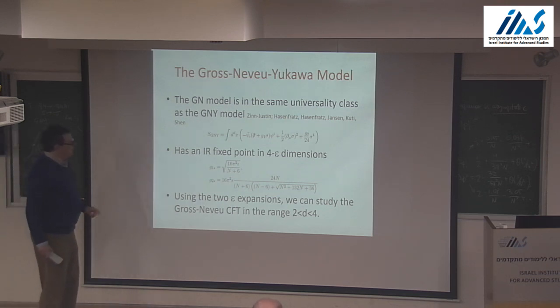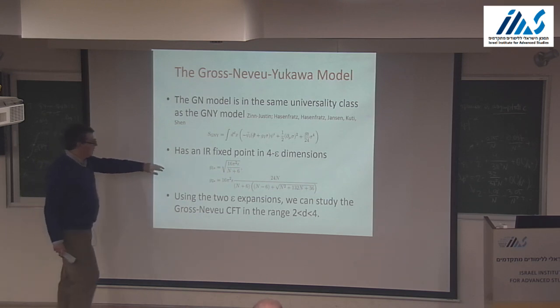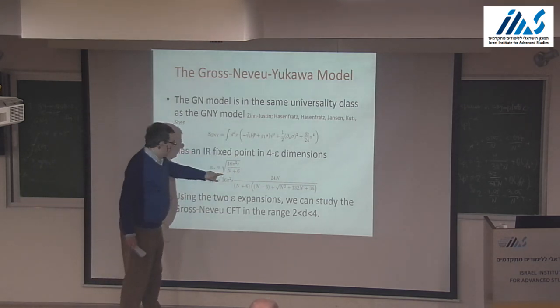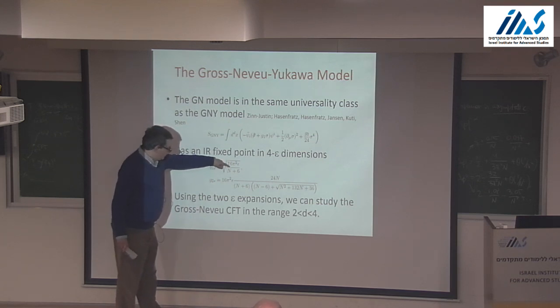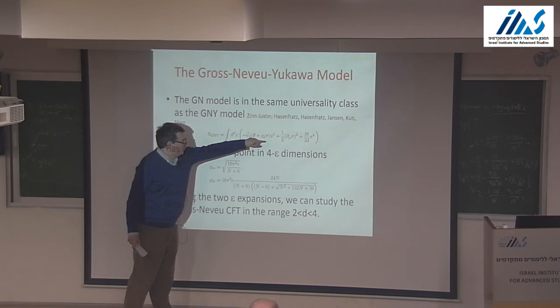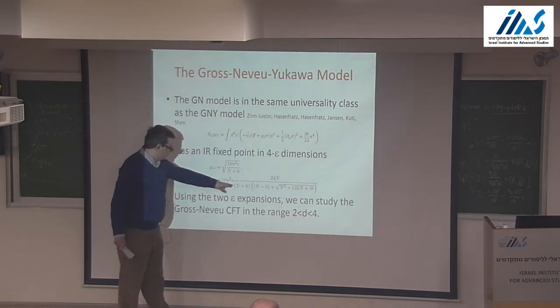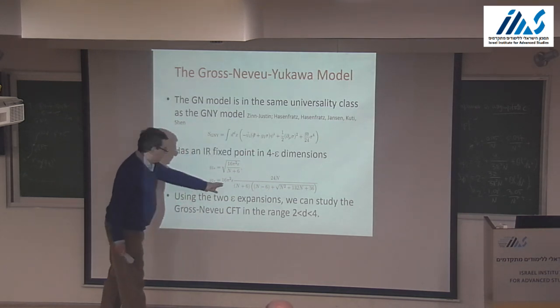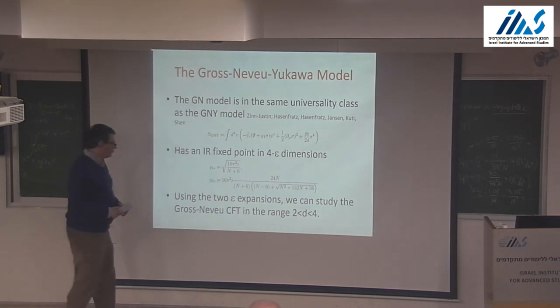Right, so in this case, for example, if you look at the IR fixed point in 4 minus epsilon dimensions, you see that this Yukawa coupling will go like root epsilon over n, and the phi 4 or sigma to the 4 coupling goes like epsilon over n.